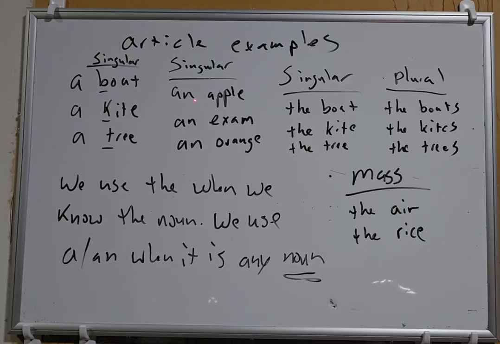When we have vowel sounds, a, e, o, we use an apple, an exam, an orange. We use a or an when it is any noun. Like, for example, we say, I want to buy a boat. This means that I can or want to buy any boat available.